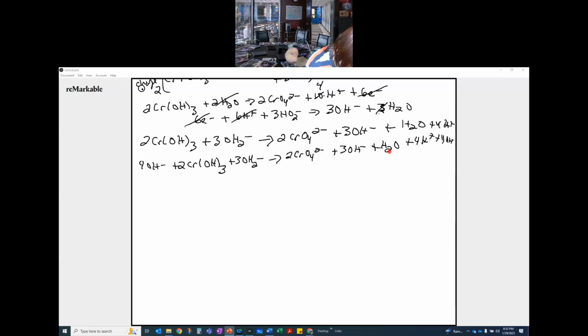So that leaves me with 5H2O over here. Yep, and that's 5. So I'm going to combine all of these H2Os plus 5H2O. And that's my balanced equation in base.